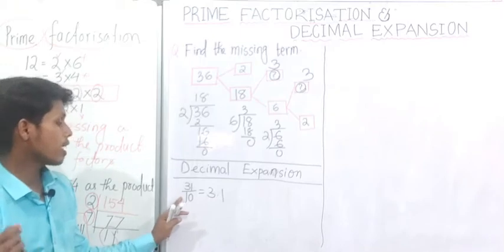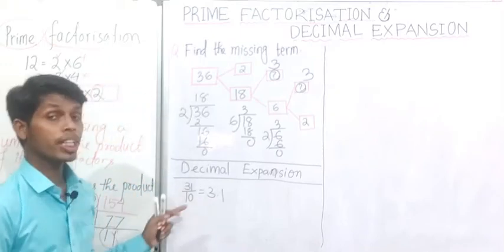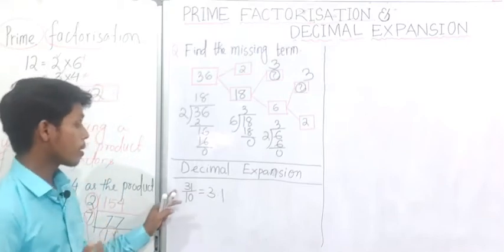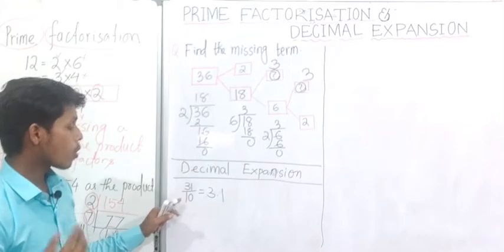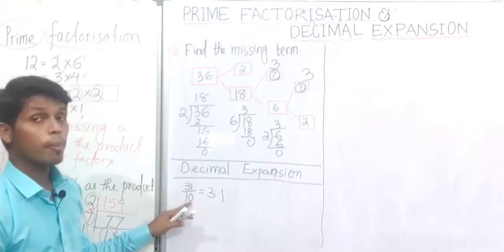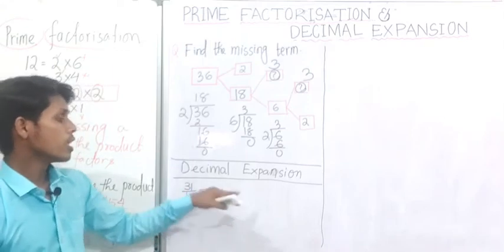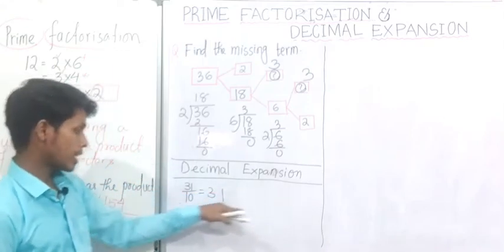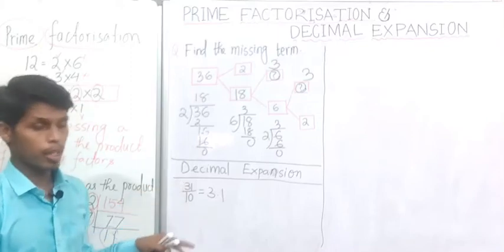When we get 10 or any power of 10 in the denominator, it becomes very easy for us to express that fraction or rational number as a decimal number. And how do we do this? If we have 10 to the nth power in the denominator, then we just leave n places from the right side of the numerator, then we place the decimal point.